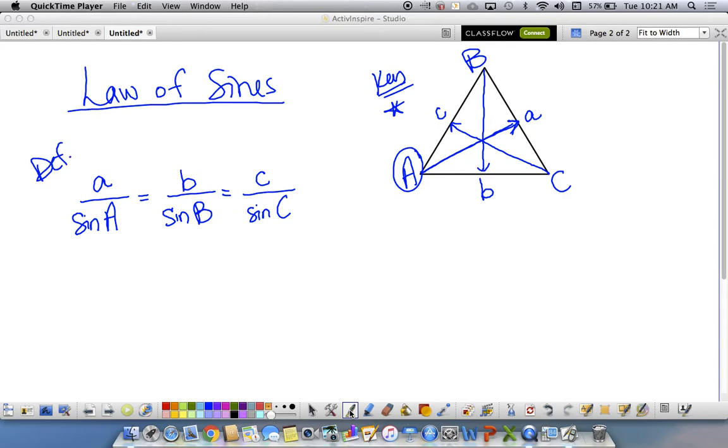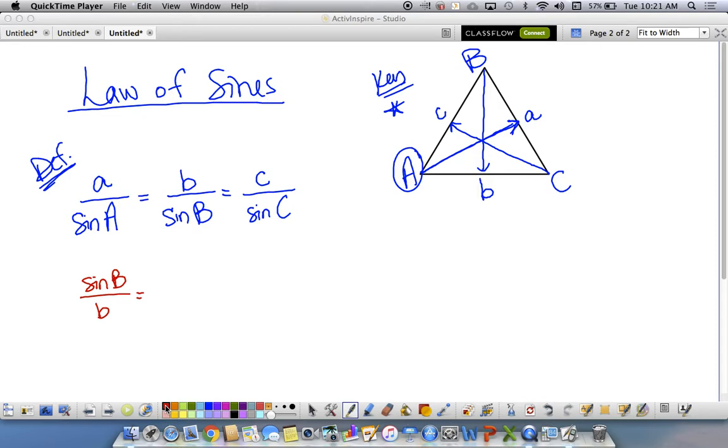Okay, this is the definition of the law of sines. Now the big question is, could I rearrange these pieces? Sure I could. What if I wanted to write it as sine B over b? It's the same ratio, right? I just flipped it. It's like saying 3 feet is equal to 1 yard, and 1 yard is equal to 3 feet. It doesn't matter the order I say it because it's still a true statement.